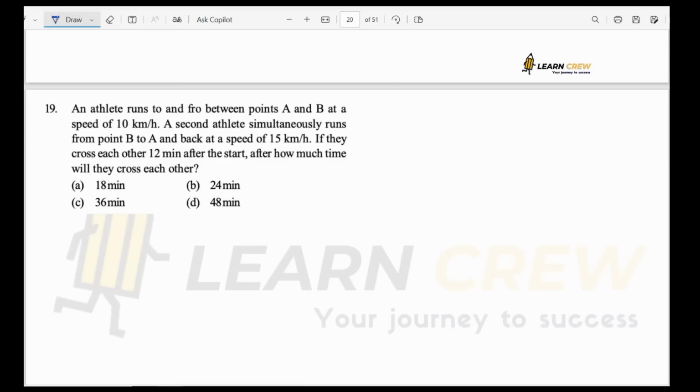If they cross each other 12 minutes after the start, after how much time will they cross each other? Please tell me. Please answer.